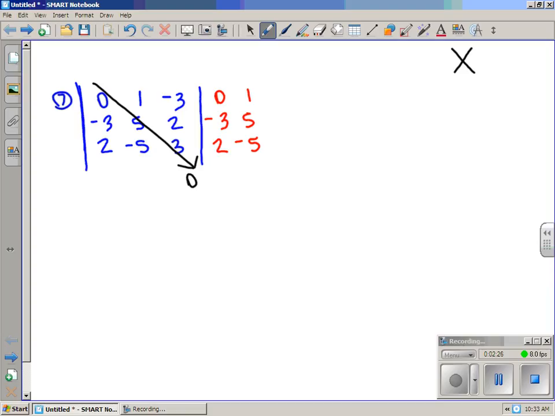You want to do that again. You start at the top of the second column and go down diagonally. You should go through 1, 2, and 2, multiplying along the way. 1 times 2 times 2 is +4. And one more time. -3 times -3 times -5 would be a -45.